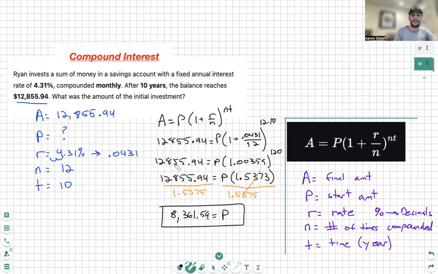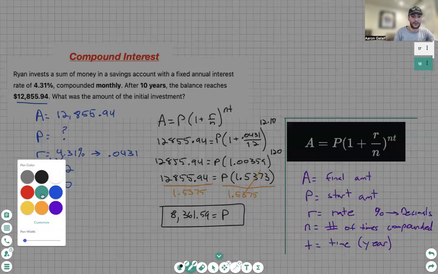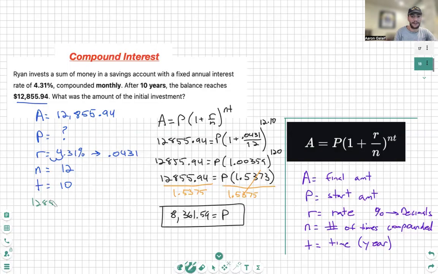For example, if I were to solve this once again with 12,855.94, and we're not going to round this time, I'm going to plug this value into the entirety of the calculator and leave it in the calculator without rounding. Then I'm just going to divide both sides by this.